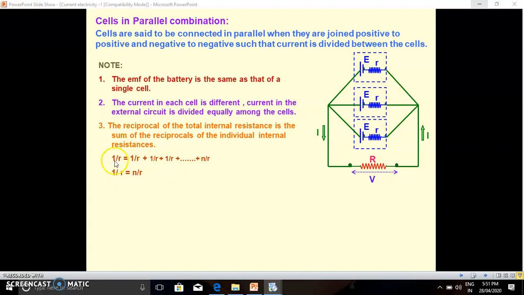So 1 upon Rp is equal to 1 upon r plus 1 upon r and so on up to 1 upon r, n times, so we can write n upon r.